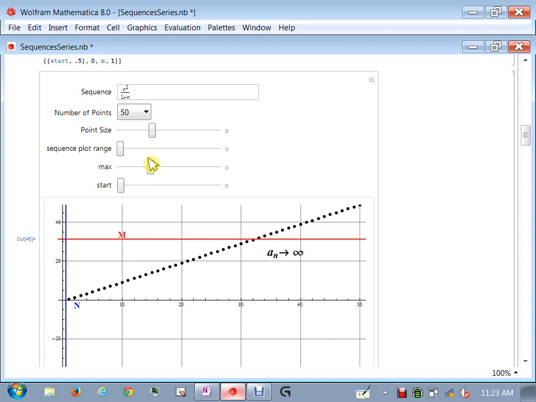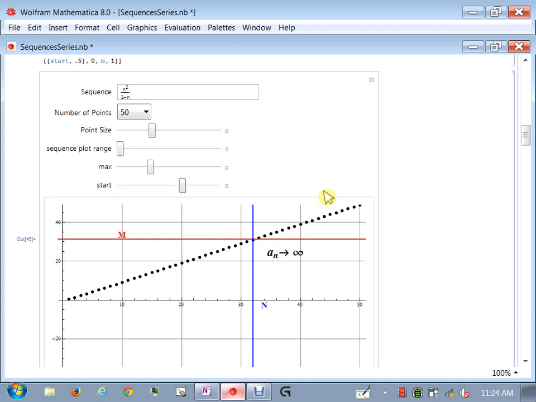For every M that someone can think of, I can show you that there exists a capital N, that if I go to capital N, it's right about here. If I go to that capital N, then every single term of my sequence past that capital N is bigger than the M that you chose in the beginning.